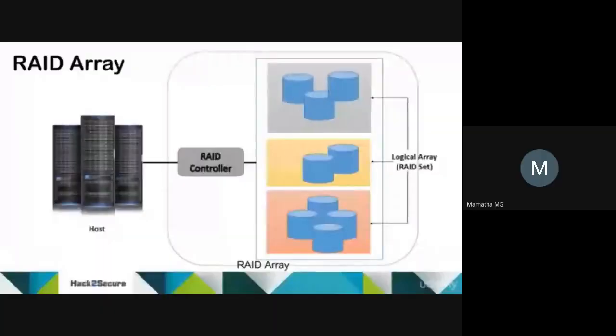A RAID array is an enclosure containing a number of disk drives and a RAID controller as supporting hardware. Here, some disks are grouped together to form a logical association called a logical array, RAID set, or RAID group. The controller in a RAID array provides three main functions. First is management and control of disk aggregation.